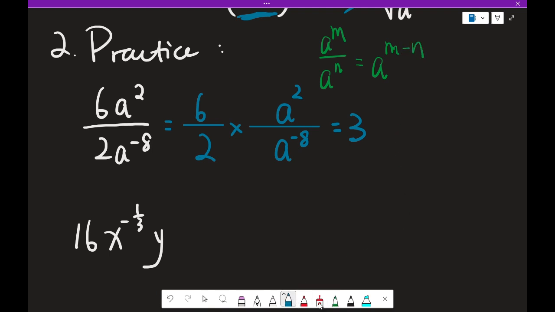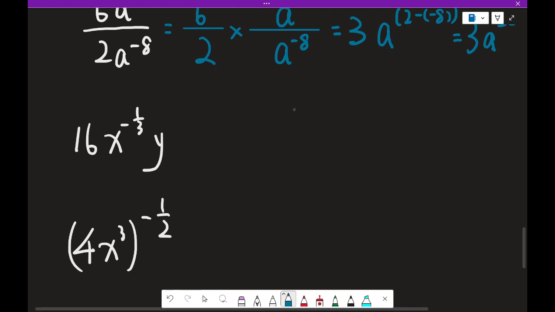So similar approach here, this would be a to the power of 2 minus negative 8, which will give us 3 times a to the power of 2 minus negative 8, which gives us 2 plus 8, which is 10. So the answer to this question would be 3 times a to the power of 10.